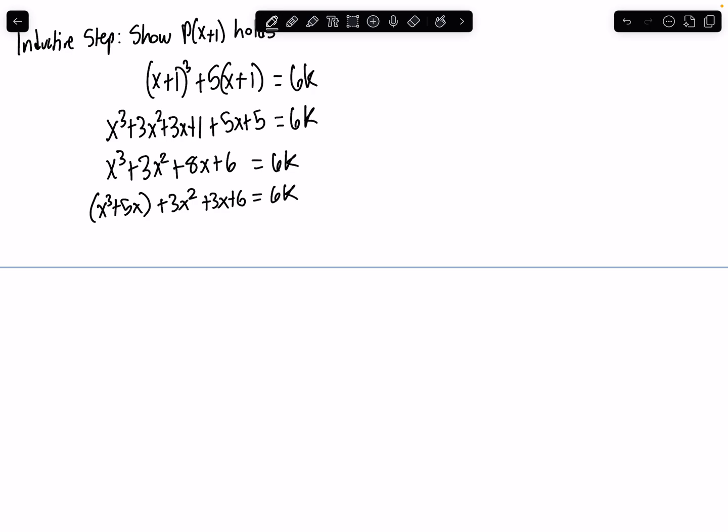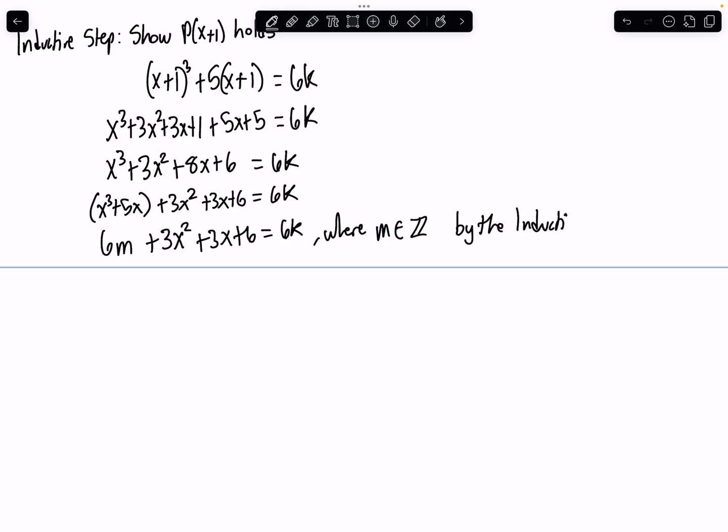Well, using our inductive hypothesis, we can say that x cubed plus 5x is 6m, where m is some integer. And this is using the inductive hypothesis.